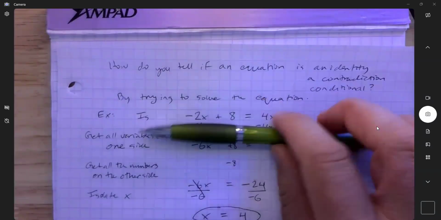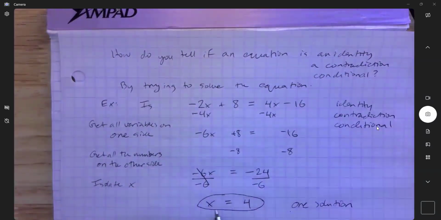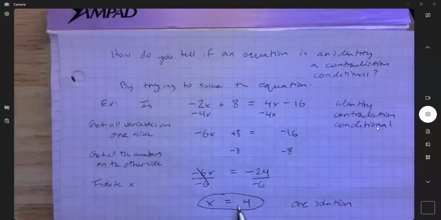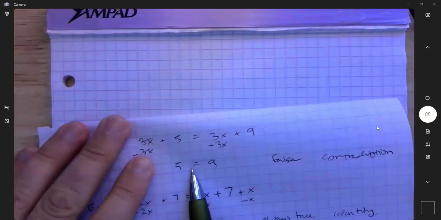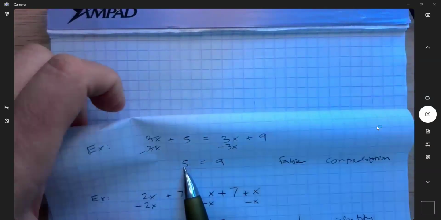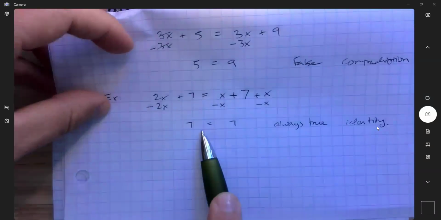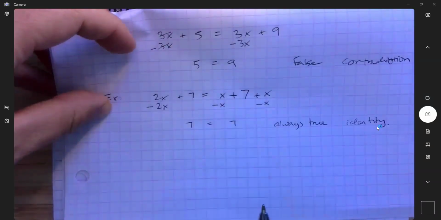So it's worth going through the steps to figure out whether you get a solution, where there is one or two or three, but a limited number of solutions, or where you have no solutions because it's always false, or it's always true because it's an identity.